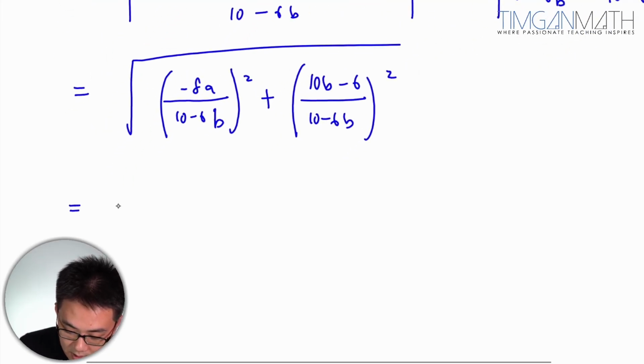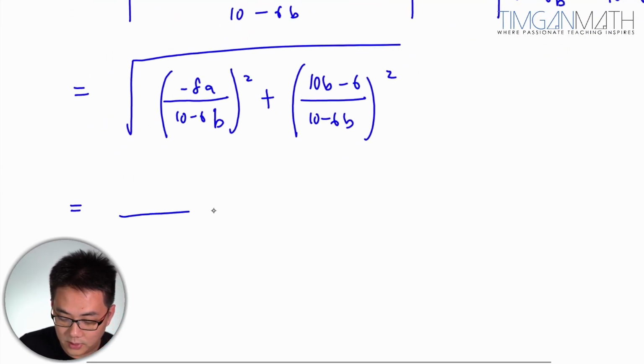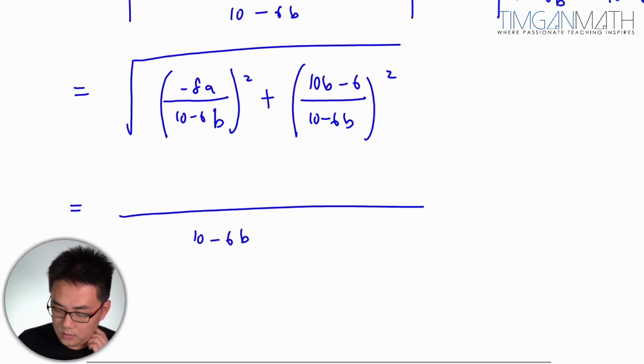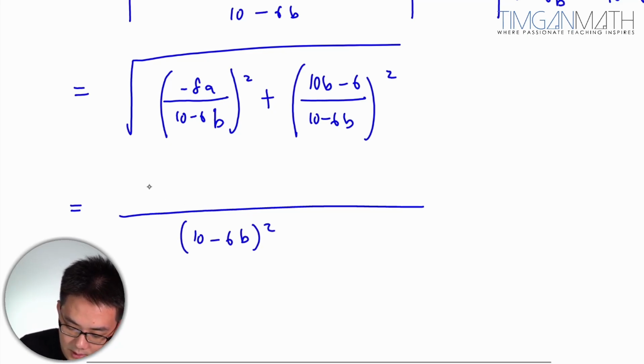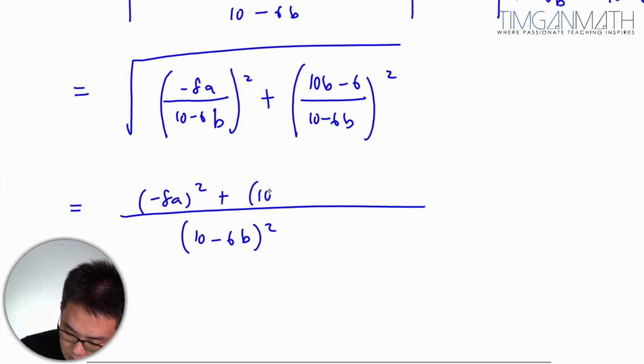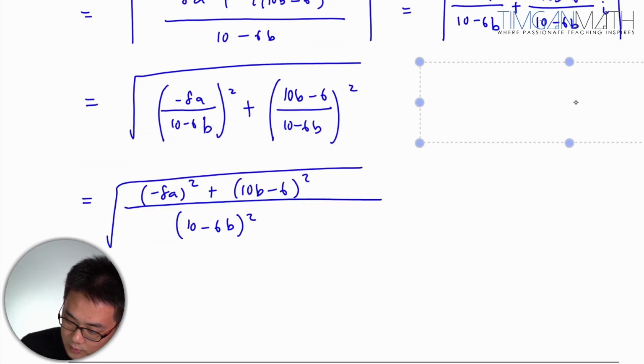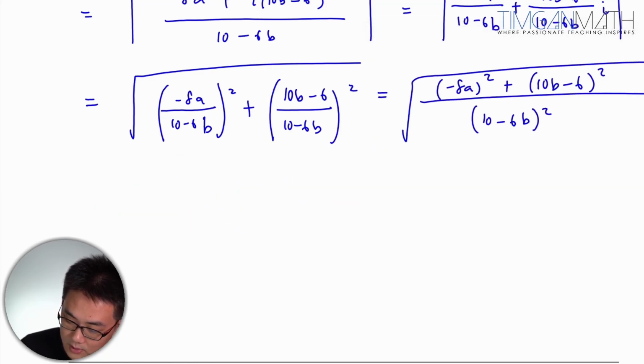So for this part, what I can do is actually the denominator, I could just leave it as 10 minus 6b square. Maybe I should just leave this whole thing here and move it over here. Okay, great, because I need some space.